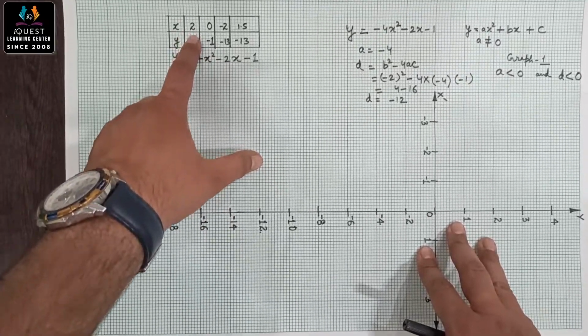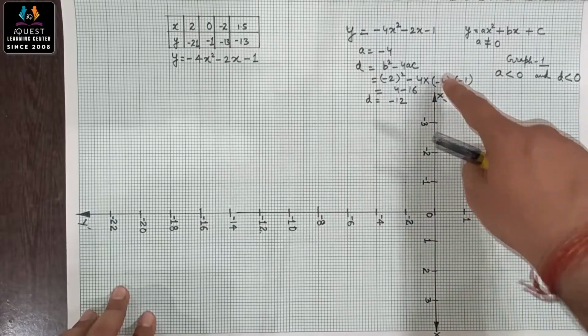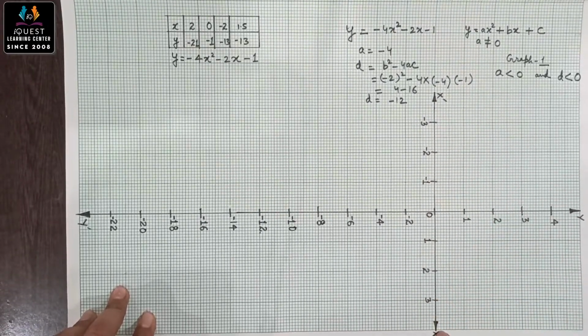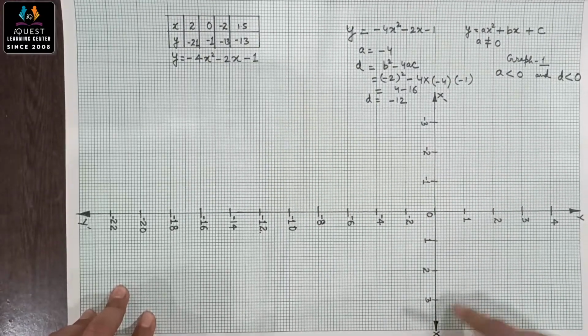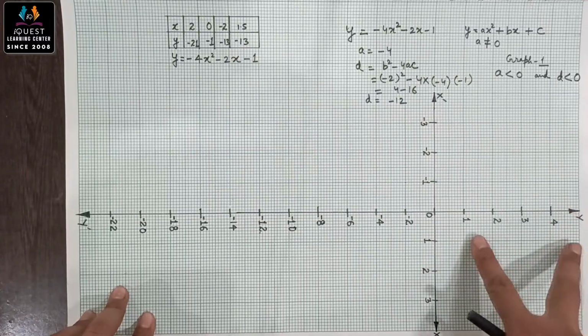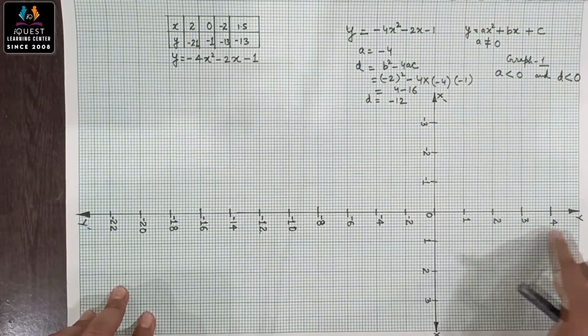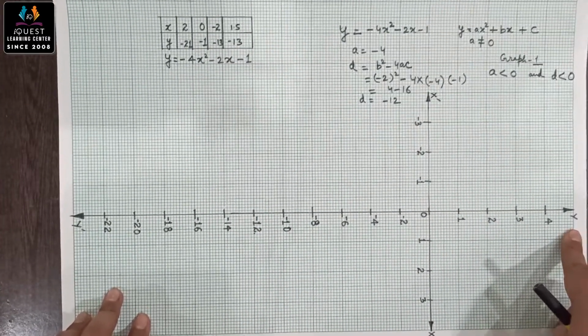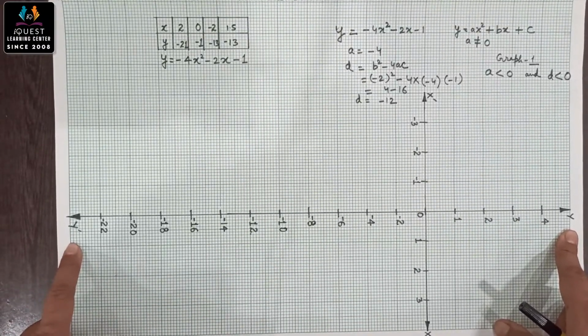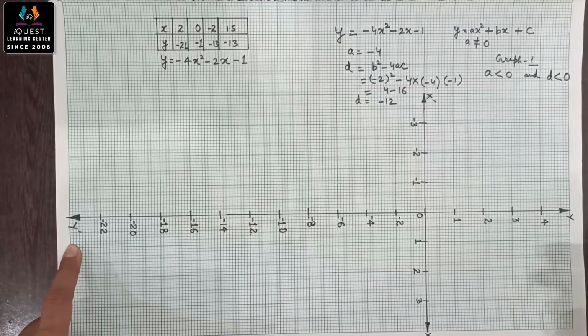X is equal to 2. In our graph, this is our horizontal axis which is x, and the negative part is x bar, and the y axis which is positive we have taken as y, and the negative y we have taken as y bar. So substitute the values.